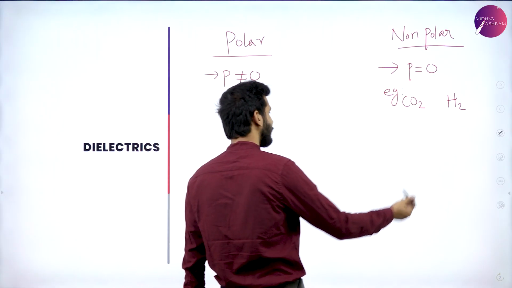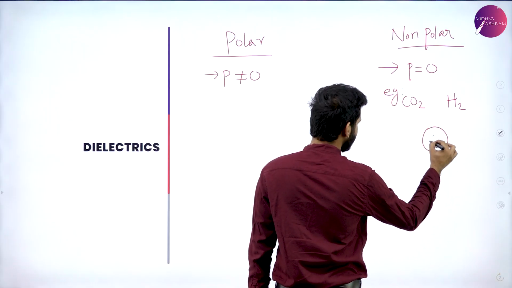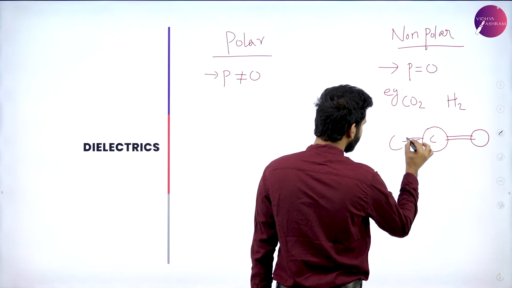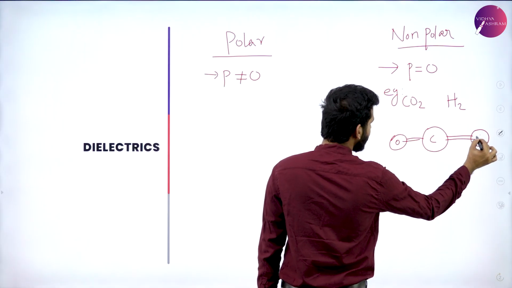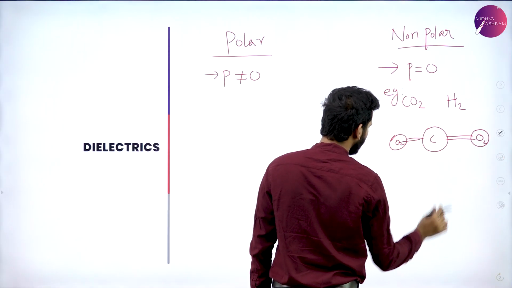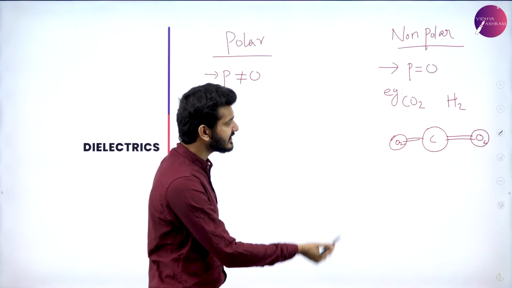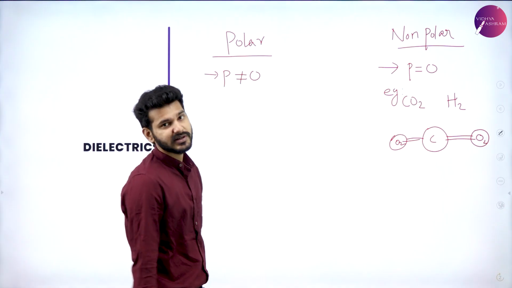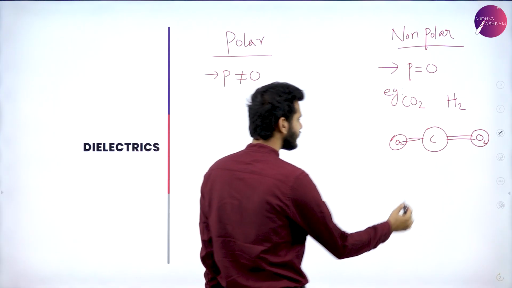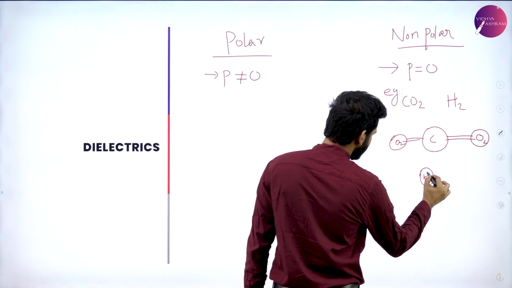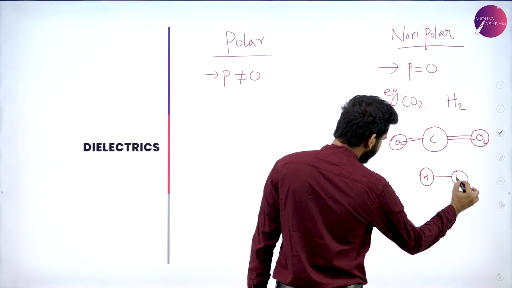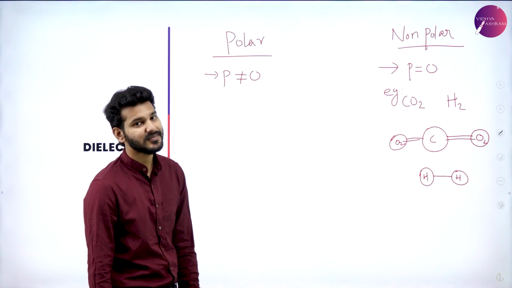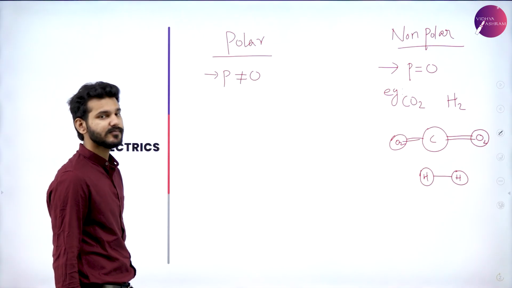If there is a carbon atom in the center, the O atoms are arranged in such a manner that the net dipole moment is 0. Same goes for the H2 molecules, because the two H atoms are also arranged in a linear fashion so that the net dipole moment cancels out and becomes 0.